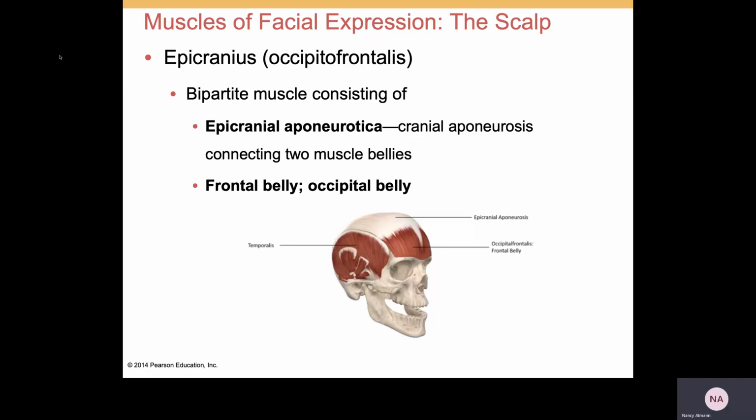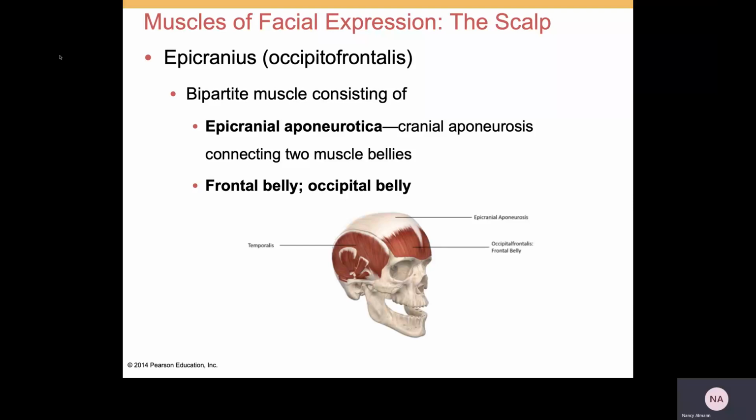Epicranius, that tells you exactly what you need to know about this guy. Other fancier term, occipitofrontalis. Epicranius works because it tells you it's around the head. You'll remember that an aponeurosis is a broad, flat tendon. This is one of the aponeuroses that you need to know.